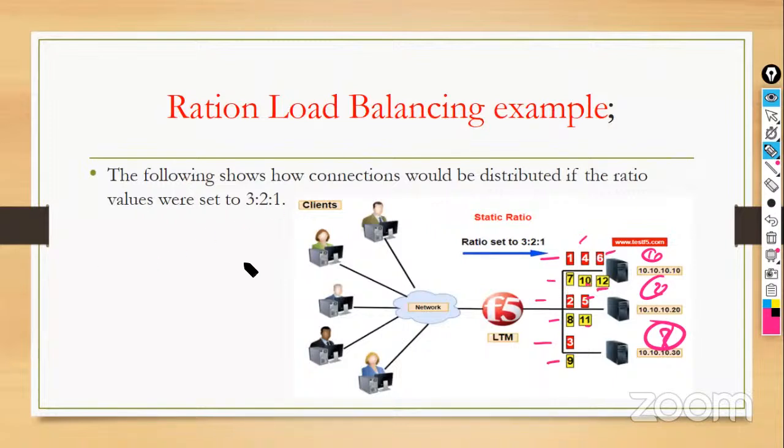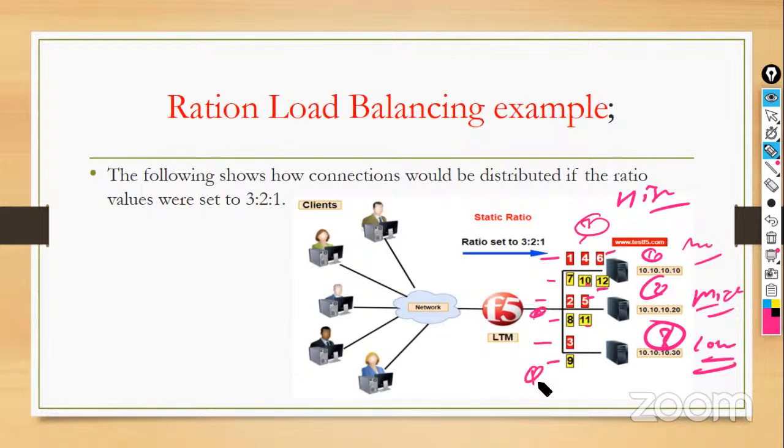So in this case, we are assuming that server one has the high configuration, here we have the mid configuration, and here we have the low resources, right? The server that has high resources or high configuration can manage more connections. So it is managing three, this one is managing two, and this one is managing one.